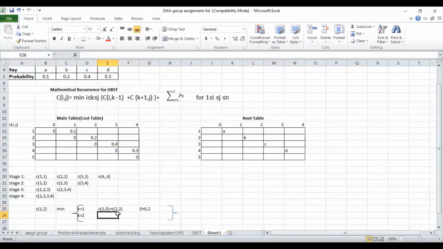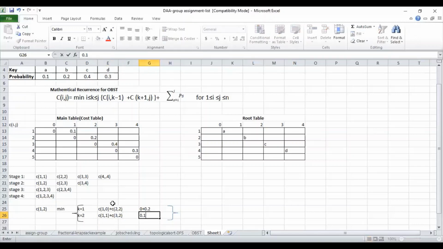Similarly, with K holding the value 2, as per the recurrence defined, C of I, K minus 1. I is 1, K minus 1 would be 1, so C of 1, 1, plus cost of K plus 1, which will be 3, J will be 2. So this entry, as I is greater than J, would be 0, and C11 is given as 0.1.